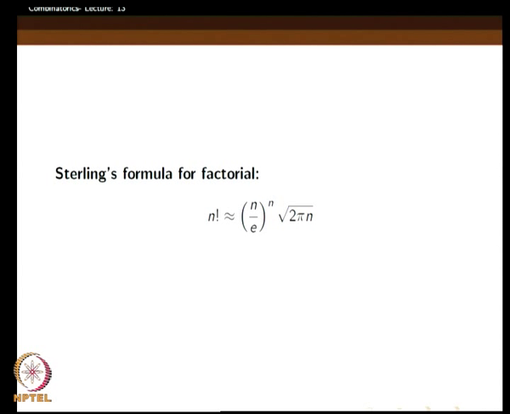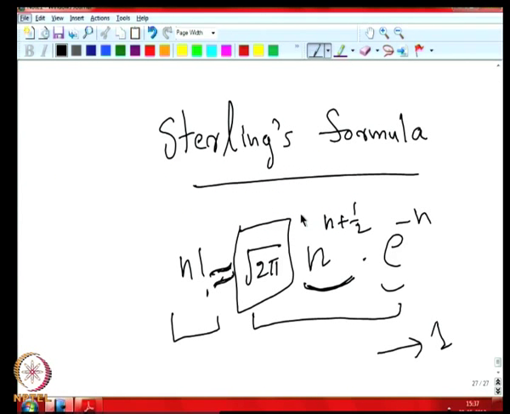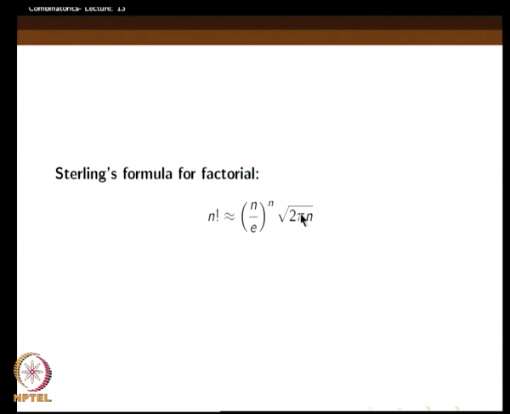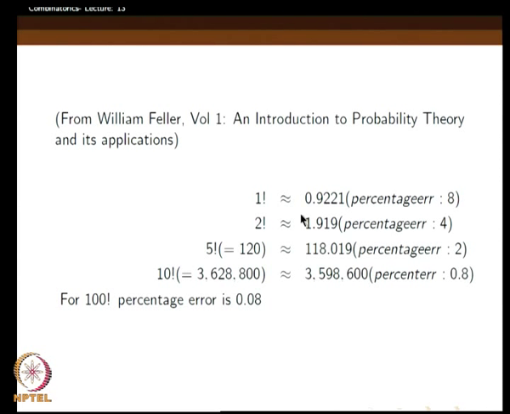Any large number you can fix, it will go beyond that. The difference may grow, but the ratio will tend to 1. Therefore it is quite useful with that kind of approximation also. You see, this data I have taken from the book of William Feller.